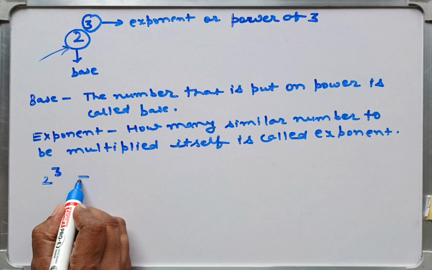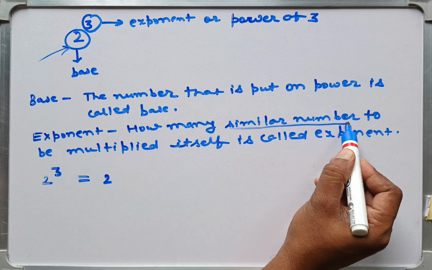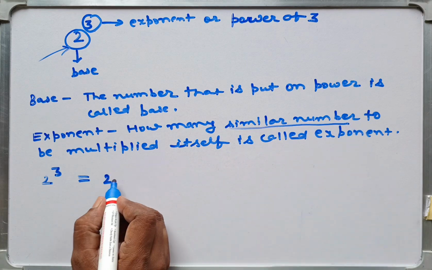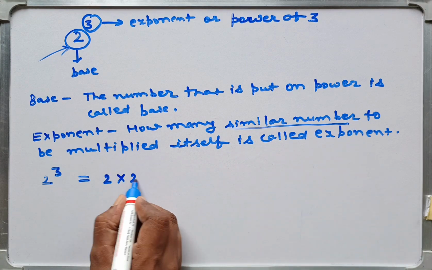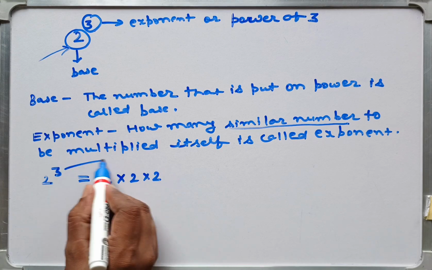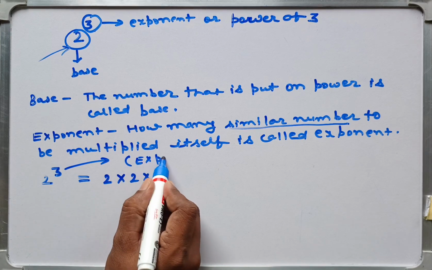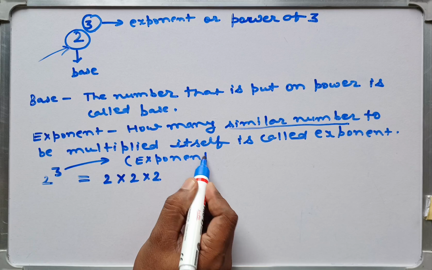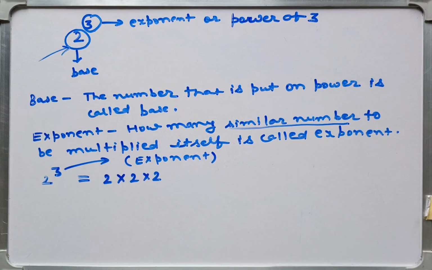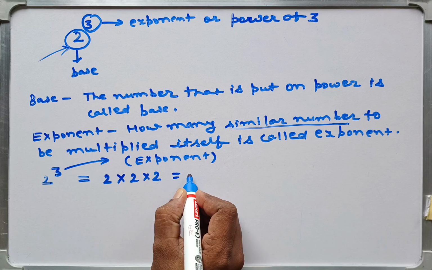Which number, 2, is the similar number to be multiplied how many times? 3 times. So here 3 is known as the exponent. Now next, this one is equal to 8.